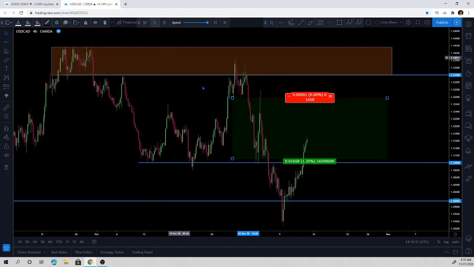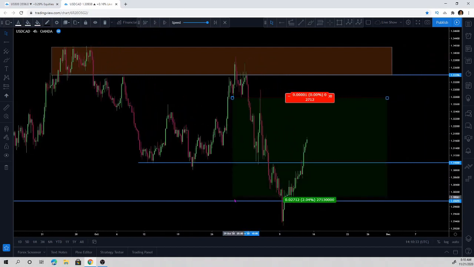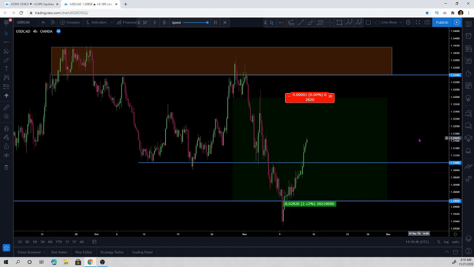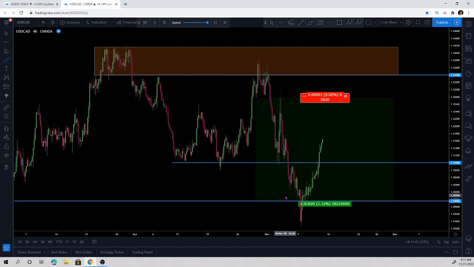We hit the next level of support, which was around the 1.30, a big psychological number, and this yielded a 283 pip winner for the rest of our position, assuming that we didn't get stopped out at break even, which will happen from time to time, but that's just if you want to let your winners run.